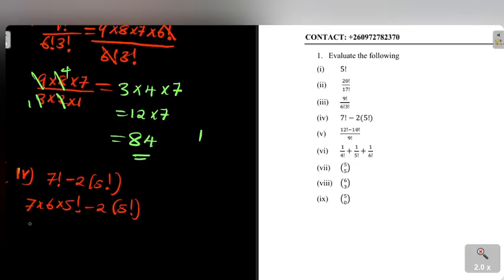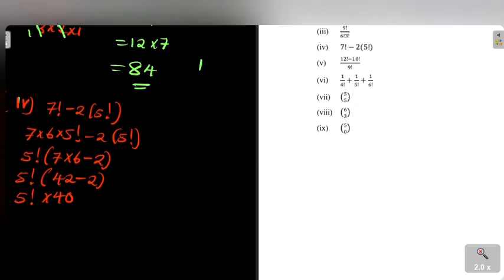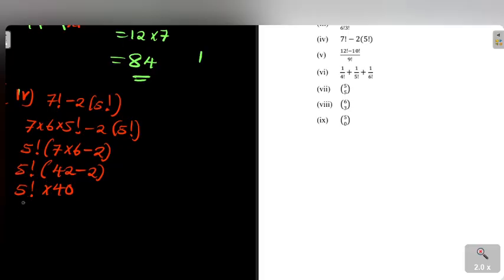Then from here you factor out what is common, which is 5 factorial. Then here we have 7 times 6 minus 2 there. So we have 5 factorial open, 7 times 6, that's 42, minus 2 there. So now we have 5 factorial times 40 there. So 5 factorial is 5 times 4 times 3 times 2 times 1, then times 40.